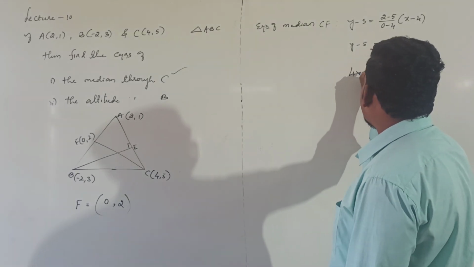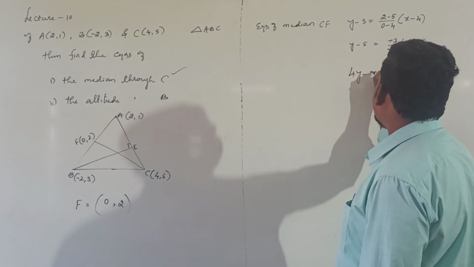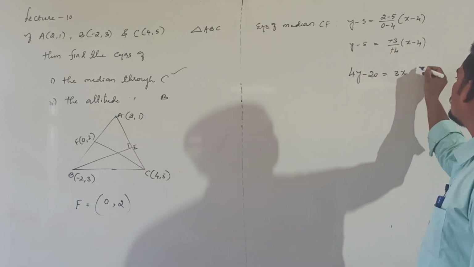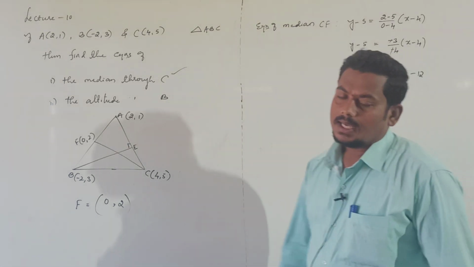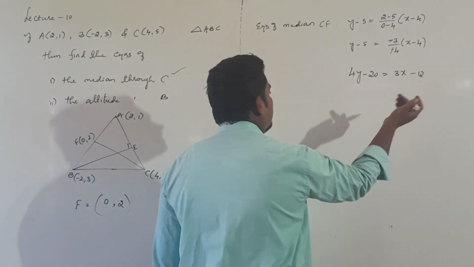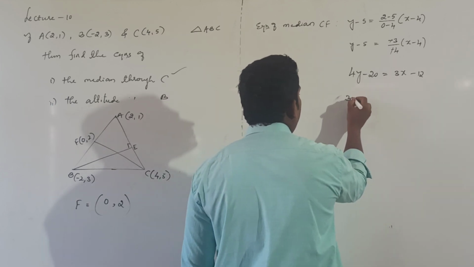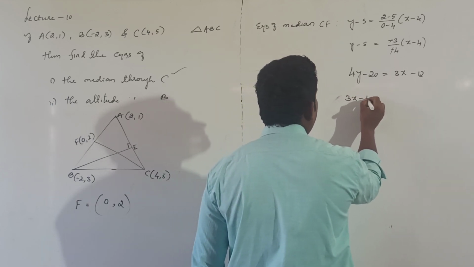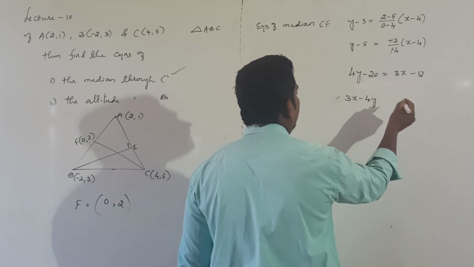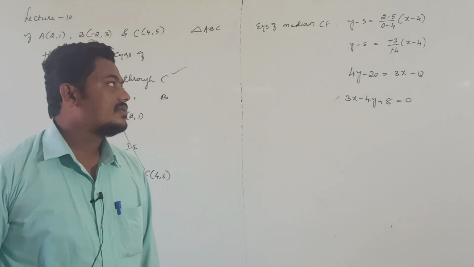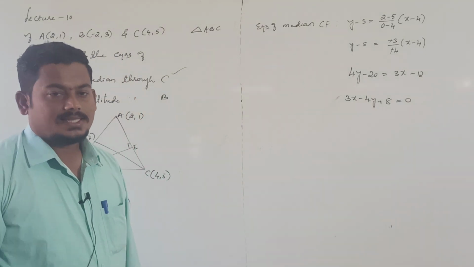Denominator cross multiplication, it will be 4y minus 20 equal to 3x minus 12, right? Now send these two terms into RHS. Then 3x minus 4y, send it to RHS, it will be plus 8, that's equal to 0. This is the equation of the median through vertex C, right?